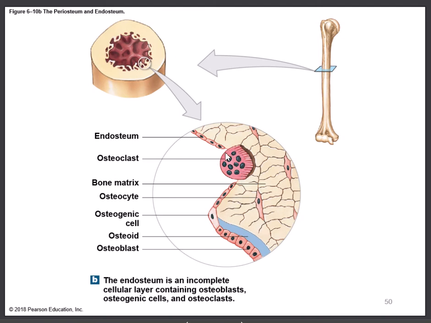Remember, this was the cell that breaks down bone when we need to have bone broken down. Here's an osteogenic cell, which is the stem cell that produces osteoblasts. Here they're actually showing some osteoblasts, and here's the osteoid, that uncalcified matrix. So it's kind of not a continuous layer. That's why we say it's not continuous, because it has these other cells that are there also. All right, so that's the endosteum.